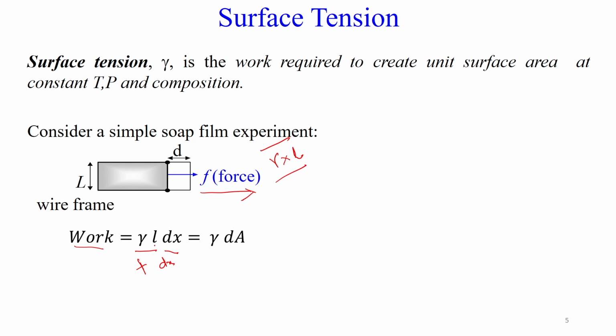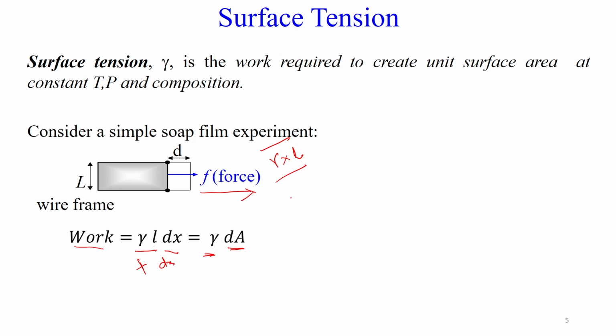Now, again, length into dx we can write in terms of dA. So, it says that work done is equal to the surface tension, or here you can say surface energy, into the change in unit area dA. Now, from here you can quickly see what the unit of surface tension should be.